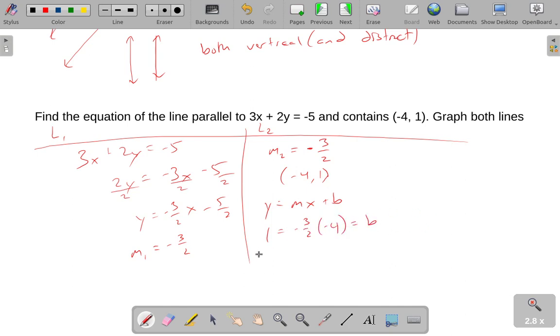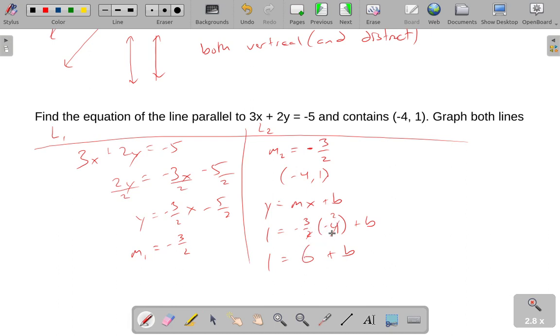1 equals, I can actually cancel. This 2 is in the denominator, there's a factor of 2 in the numerator here. And when I cancel those, I get +6. Oops, I said equals b. Should be plus b. -3/2 times -4 is +6.